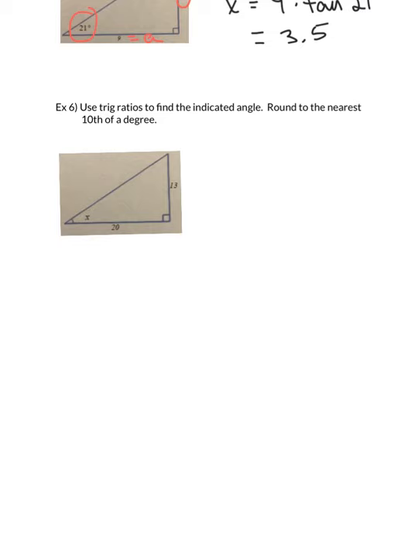Our angle x has the information for us of the opposite over the adjacent. So the ratio that we want to set up is tangent. We don't know the angle, so we say the tangent of x equals opposite 13 over the adjacent, which is 20.